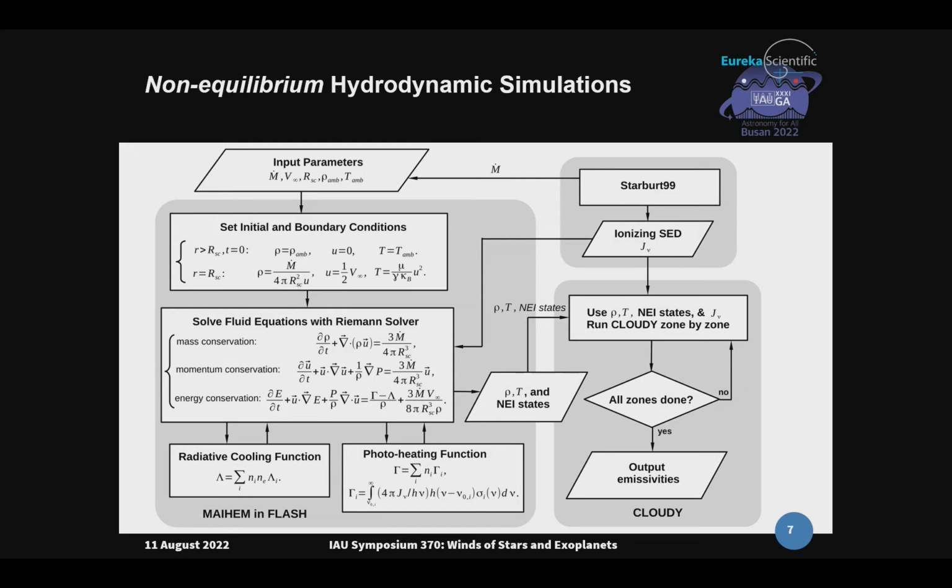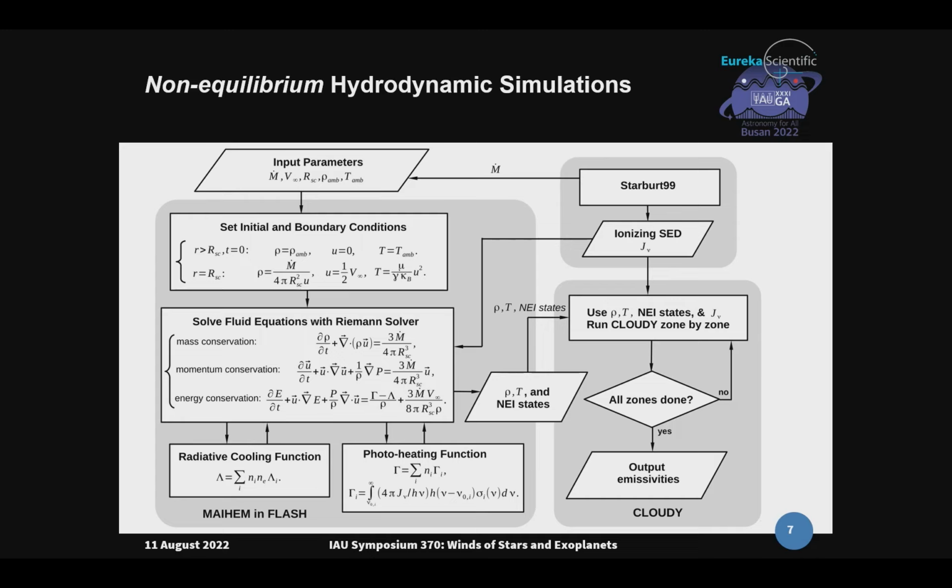Here you see a view of how I implemented the hydrodynamic simulation of time-dependent numerical modeling of thermal-driven winds. We have different input parameters: mass loading rate, terminal velocity, cluster radius, and physical conditions of the ambient medium. By setting the initial and boundary conditions, I solved these hydrodynamic fluid equations, which are coupled to radiative cooling functions and photoheating functions.